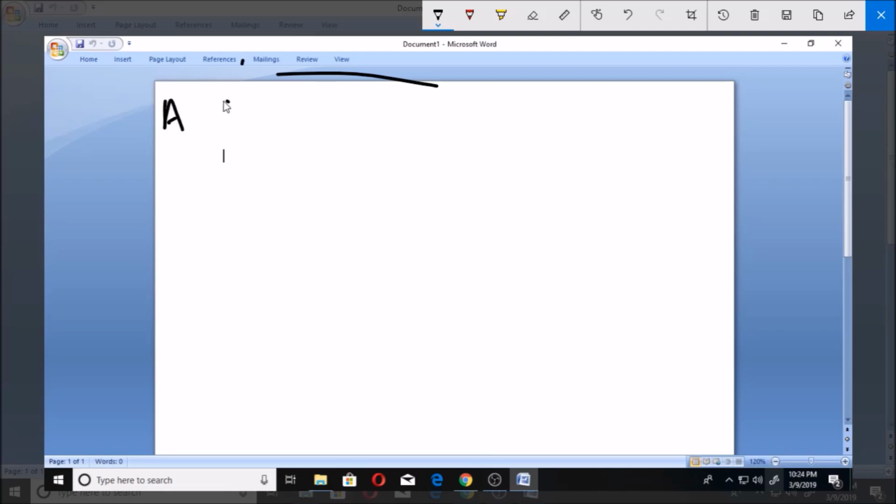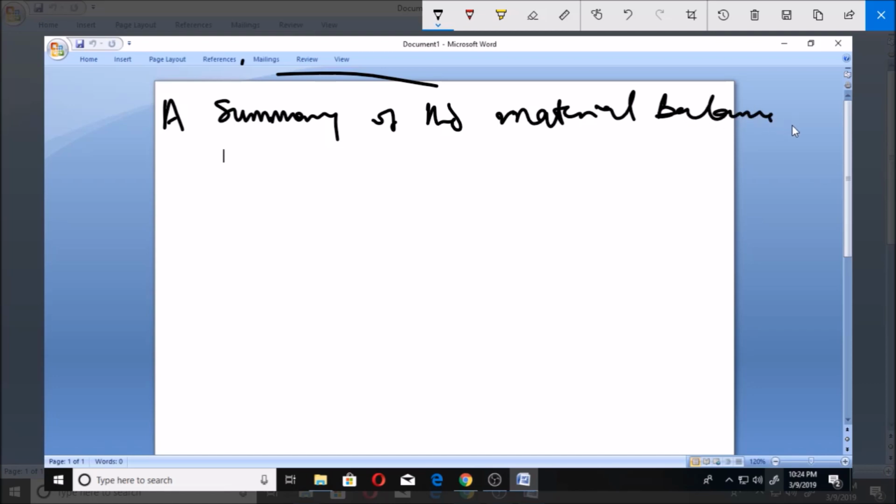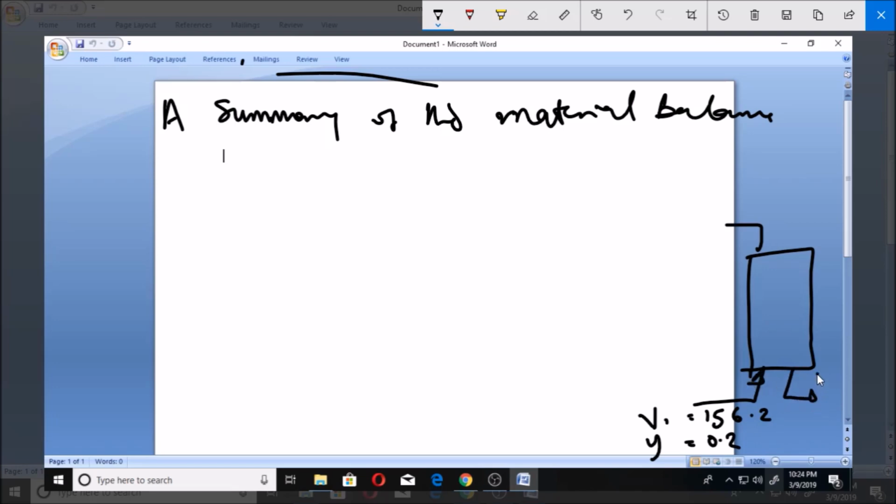Now if we do a summary of the material balance, following this sketch, we have V1 equal to 156.2 and Y1 equal to 0.2. This is the entering gas, and this is the leaving liquid. We have L1 equal to 63.0, X1 equal to 0.472 from our calculation.